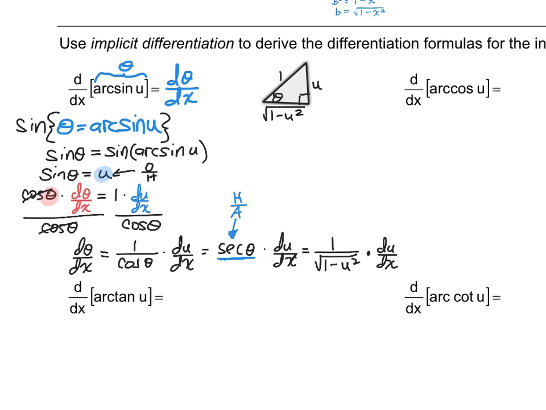All right, so if I had arc sine of x, 1 over the square root of 1 minus x squared, but then I would just multiply by du dx, the derivative of that x, which would be 1. All right, so all we're doing is plugging in rather than deriving it every single time. But this shows you where that information comes from.